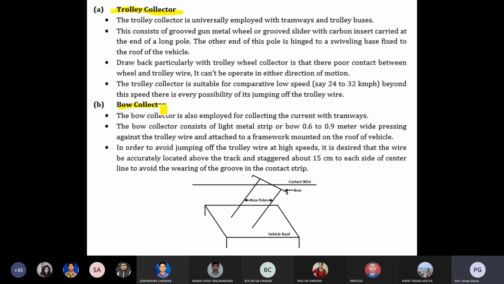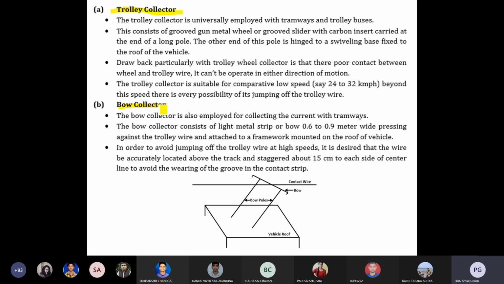The bar is holding the wire, and you are connecting one small wheel-type pulley. That wheel-shaped pulley touches your overhead contact wire and collects the current. That is the trolley collector.